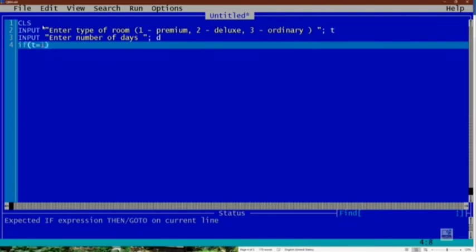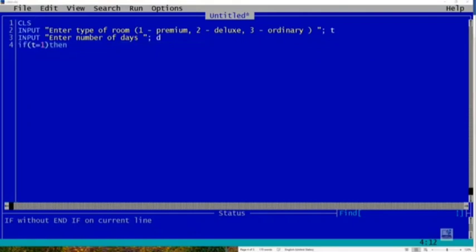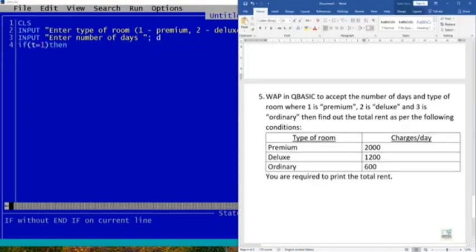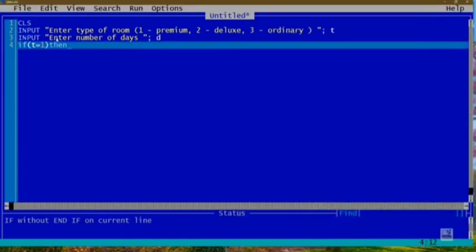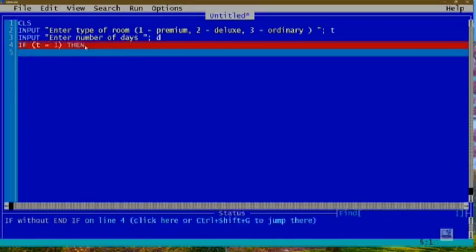Which operator we have used? Relational operator. Which one? Equal to. So if the value of T is exactly 1, means if the user has entered 1, which type of room? Premium. What is the charge? 2000. See again. Premium 2000, deluxe 1200 and ordinary 600. If T is 1, then what will be the charges?